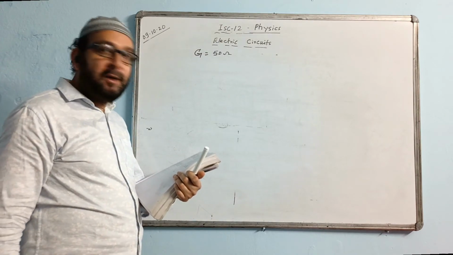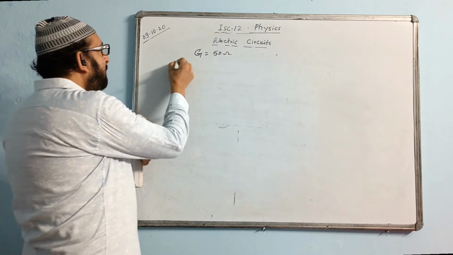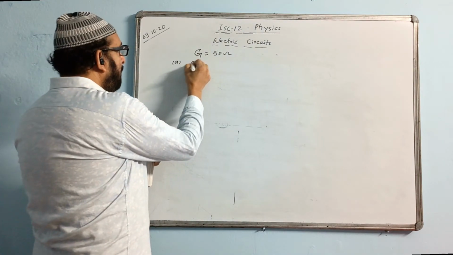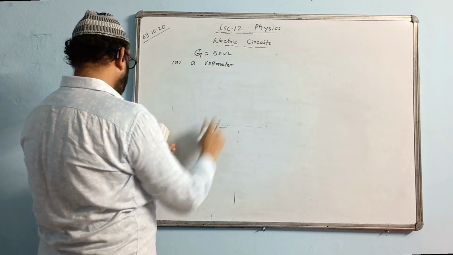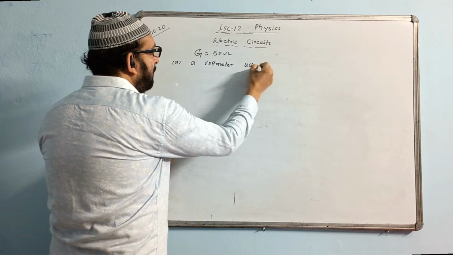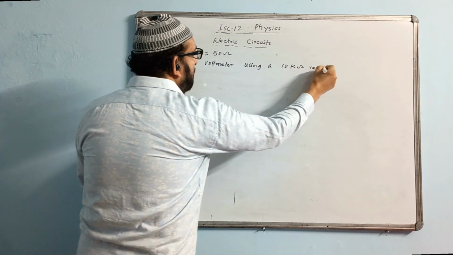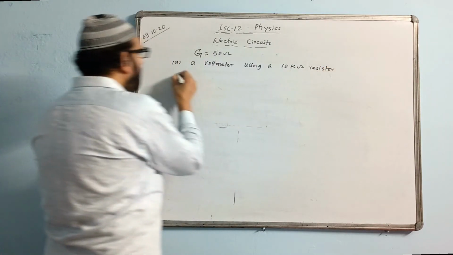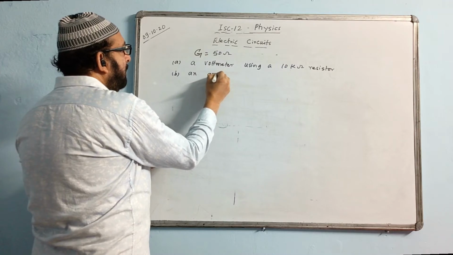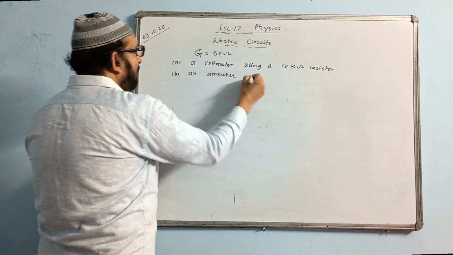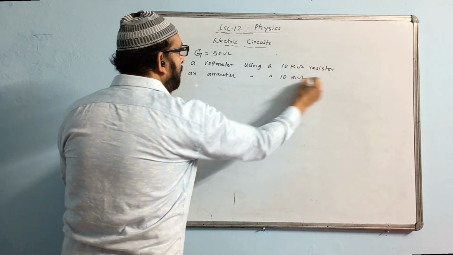It is converted into A, a voltmeter using a 10 kilo ohm resistor, and B, an ammeter using a 10 milliohm resistor.